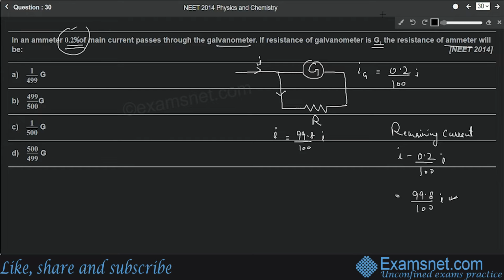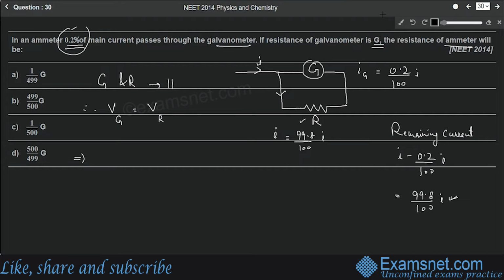Now, we know that since the galvanometer and this resistance R are connected in parallel, they will have the same potential or voltage. So G and R are in parallel combination. Therefore, the voltage across the galvanometer will be equal to the voltage across the resistance R. Voltage is equal to current into resistance.